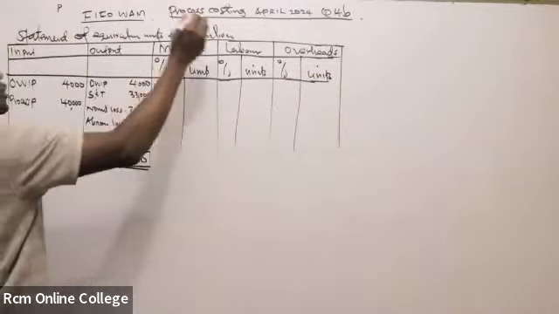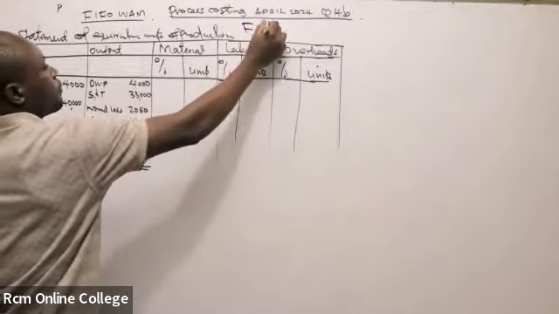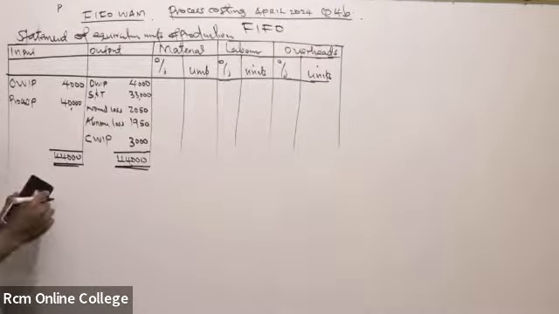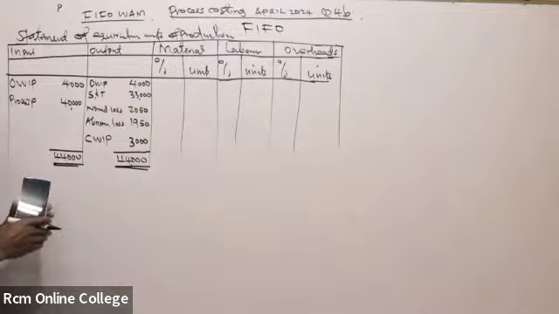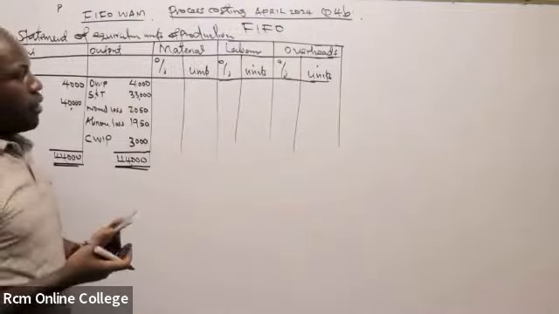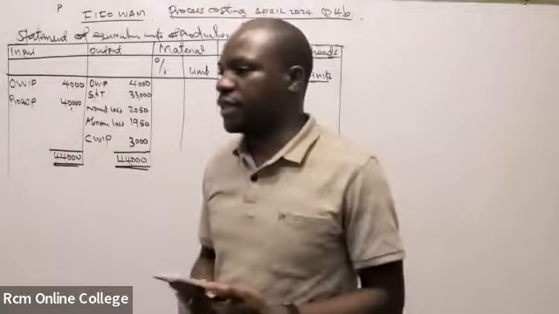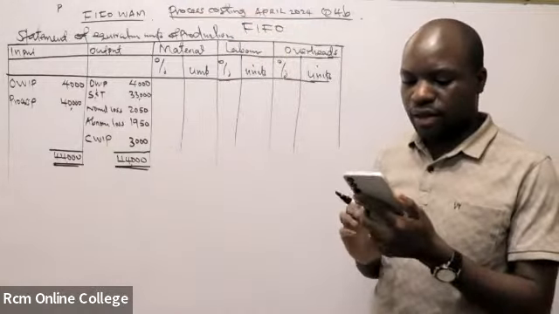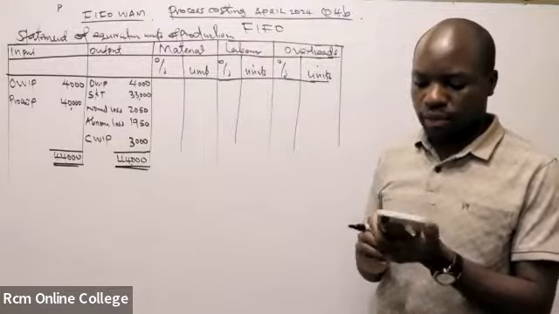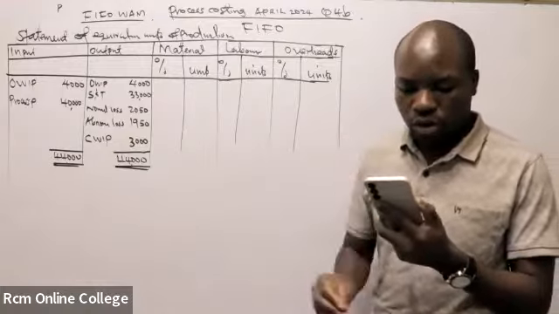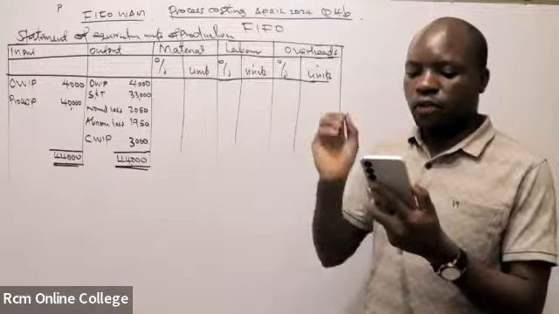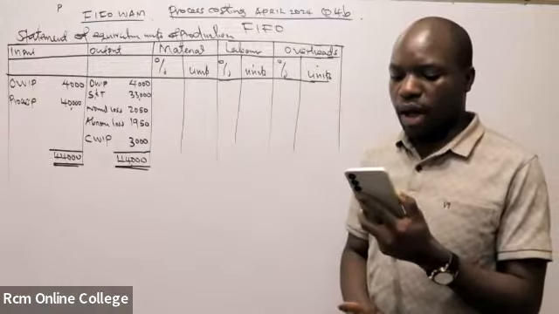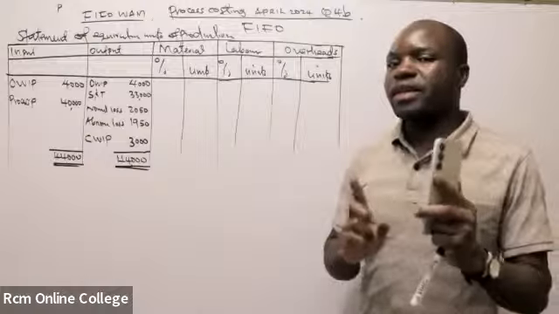What is the ruling method? First in, first out. Great. Why are we considering these percentages? If you look at our question, the first thing we are being told, information number 1, is our opening work in progress at the following degree of completion. Material was 100% complete.